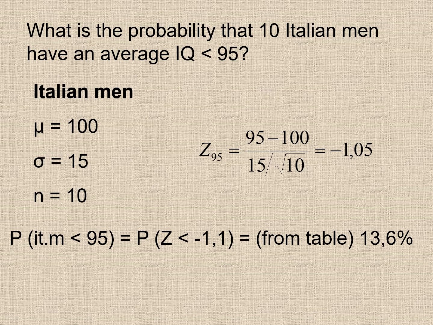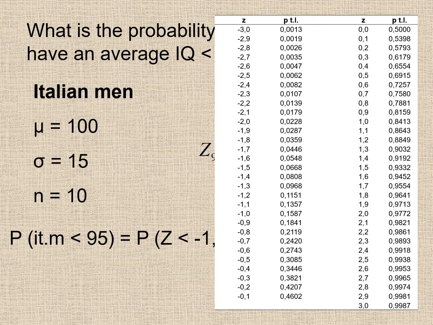So let's have a look at a table with the zeta distribution. And you find these kind of tables everywhere. If you Google, you will find one. So we see here, we have 2 columns, one column with zeta scores and one column with proportion to the left. So let's find the value minus 1.05. Well, we don't have it here in the table.